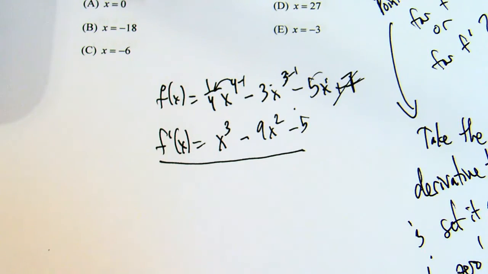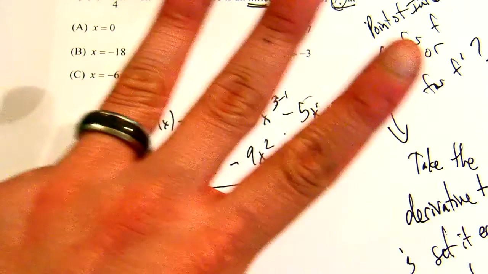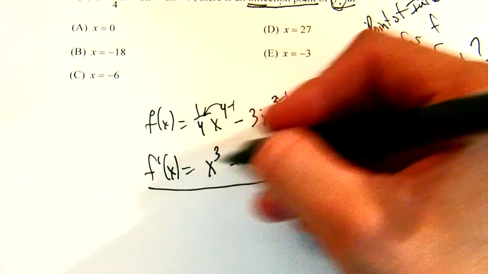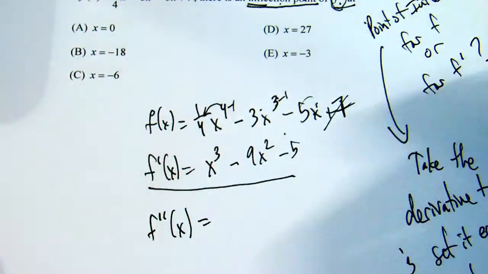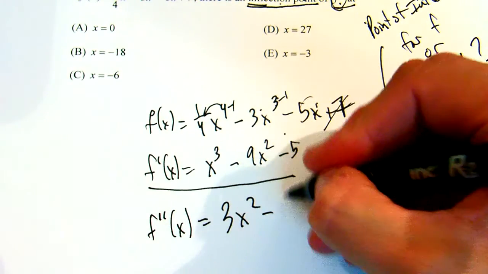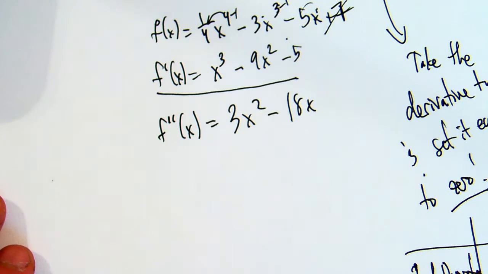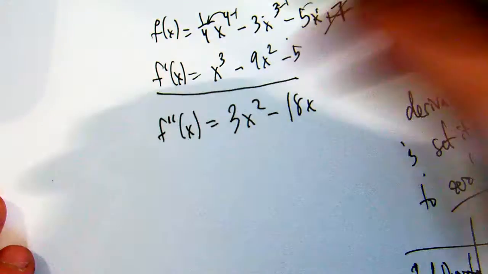This one here. So basically, this problem is asking you to take the derivative 3 times. I've taken it once to just get f prime. Now let's get f double prime here. So I get 3x squared minus 18x. And this would show you the increasing for f prime.